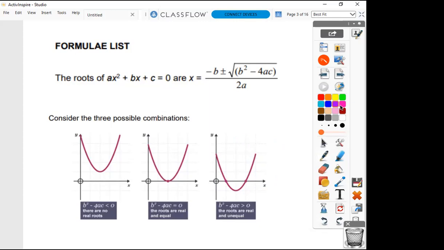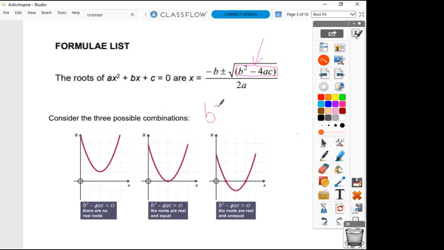This is a question in itself, and it isolates part of the formula: b squared minus 4ac. I've circled that in purple.